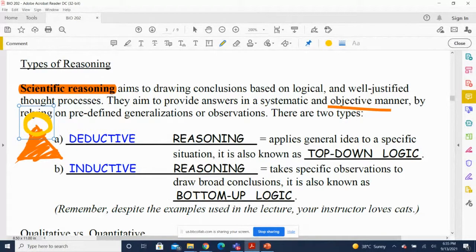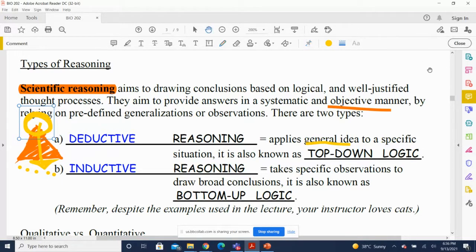If you wish, you can consider them as laws or rules that we have accepted. And we can use these general laws, general ideas, and apply them to specific situations. So situations that we are at this very moment. And this would be an example of deductive reasoning. And because of the way how this works, sometimes it's also described as top-down logic.